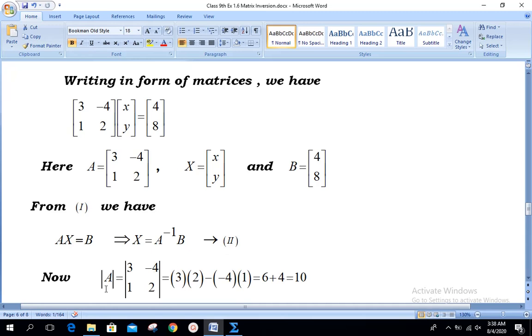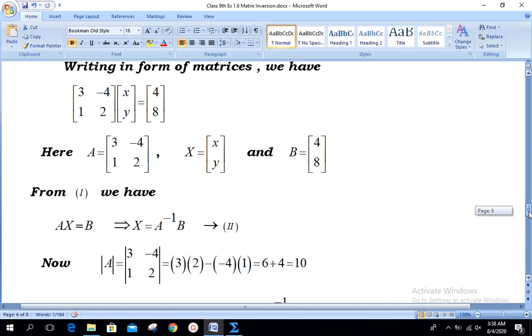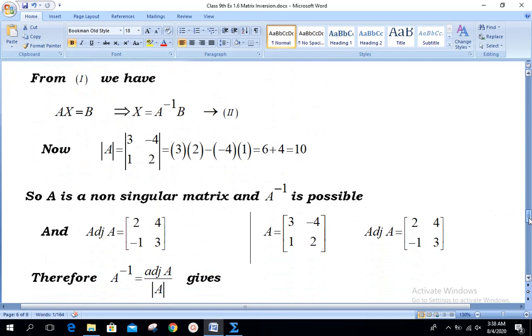You have A, its determinant will be simply like this. Order of determinant: 3 into 2 minus minus 4 into 1, that will be 6 plus 4 is equal to 10. So 10 is non-zero, therefore solution is possible. Here A is a non-singular matrix and A inverse is possible.